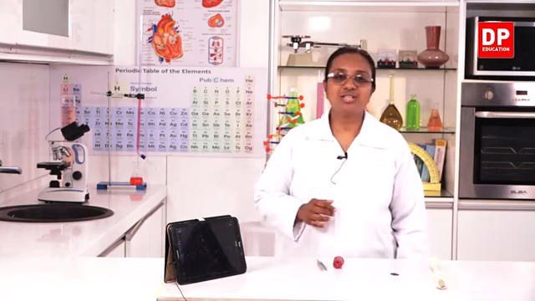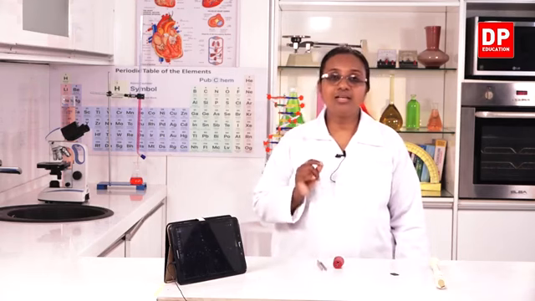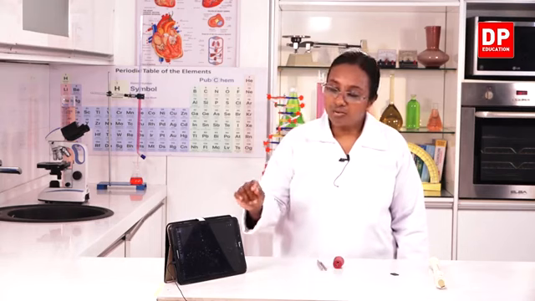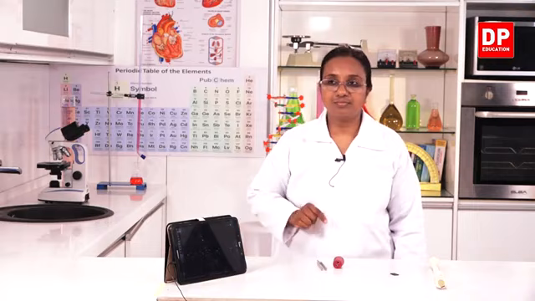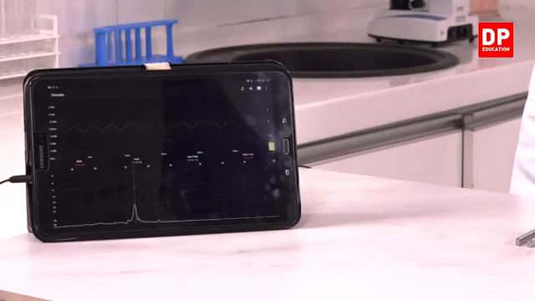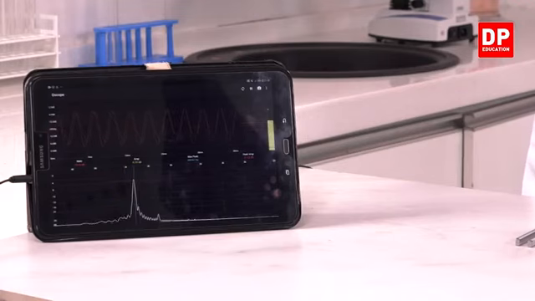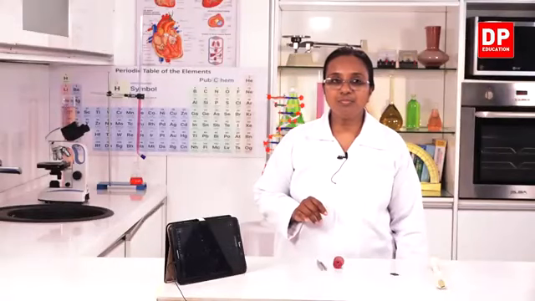So one of my students is here to play the guitar for y'all. When the guitar is played, observe the shape of the waveform on the screen. Are you all able to see the difference in the waveform?